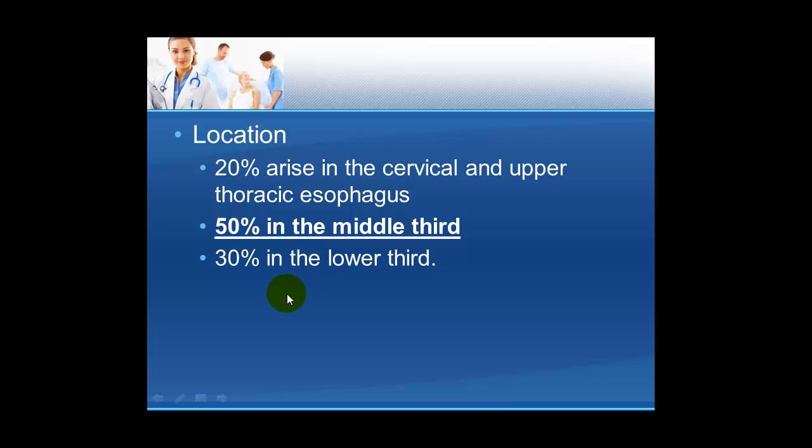They may protrude into the lumen and obstruct it, and they can become fungating polypoidal masses. In some cases, they become ulcerated, and there will be diffuse infiltration of the esophageal wall.